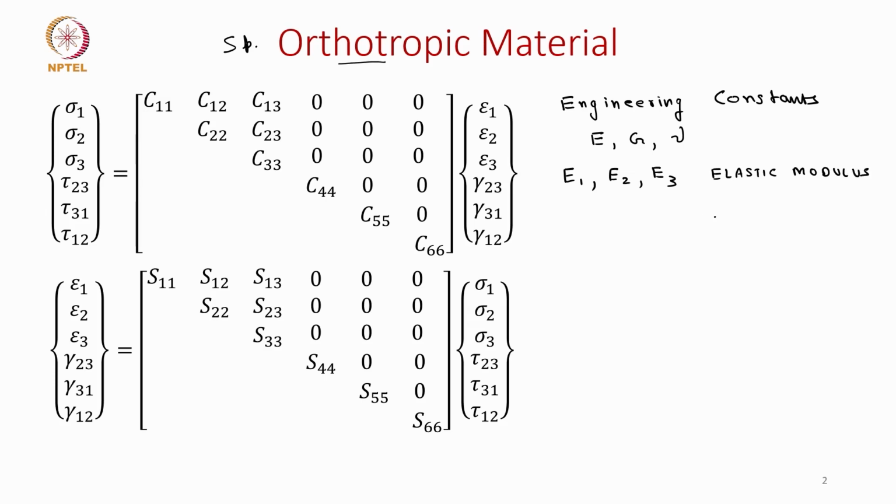Similarly, we can also discuss the shear modulus, where again we should write it in terms of the planes such as G12, G23 or G31. And lastly, the Poisson ratio which we represent as nu ij.